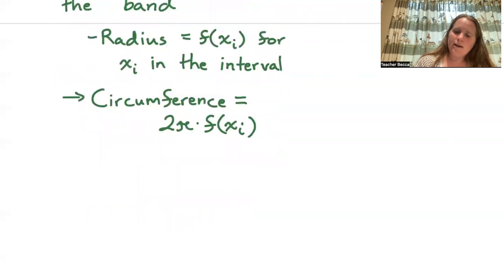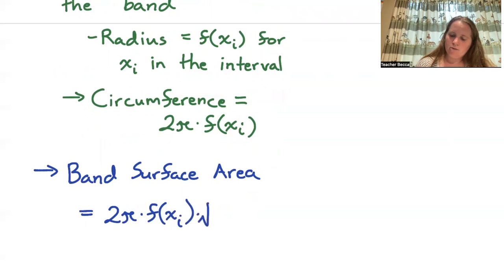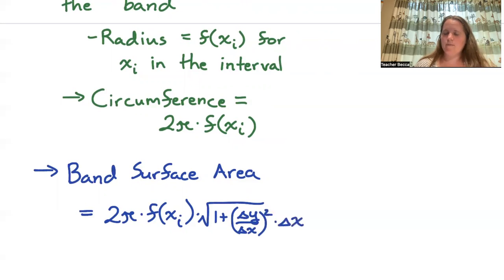Putting these together, our band surface area is 2 pi times f of xi times the square root of 1 plus (delta y over delta x) squared times delta x.